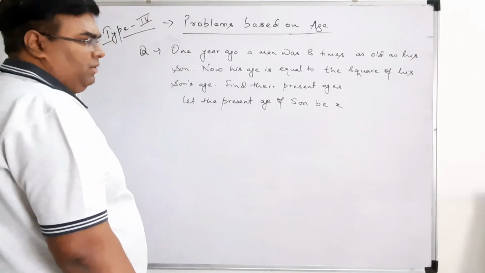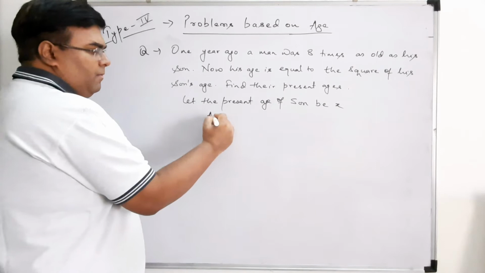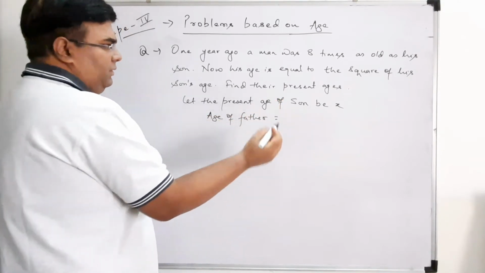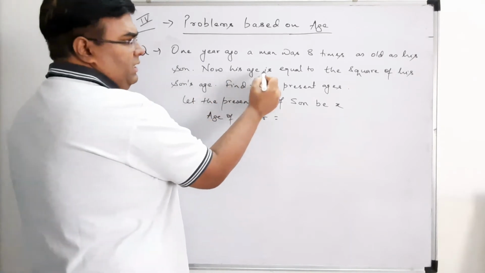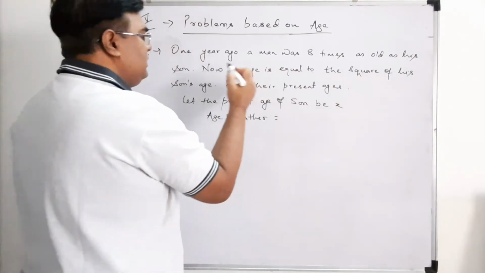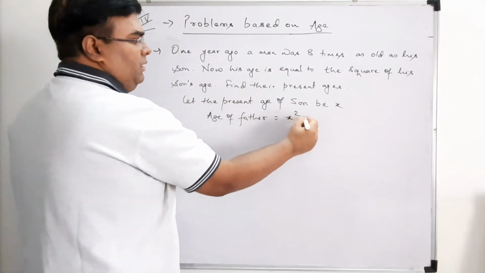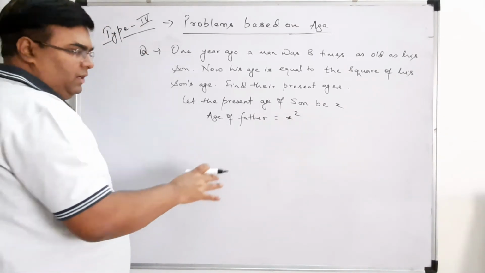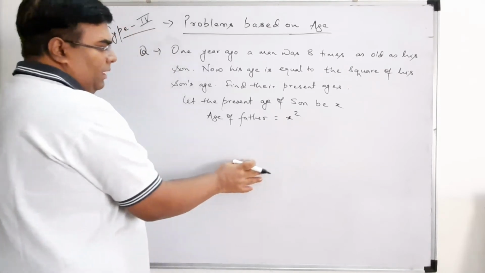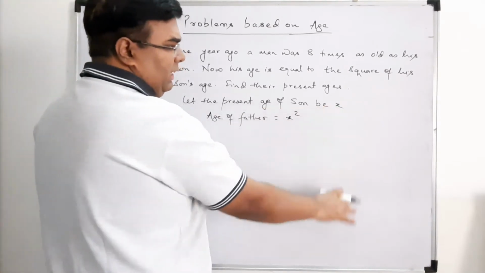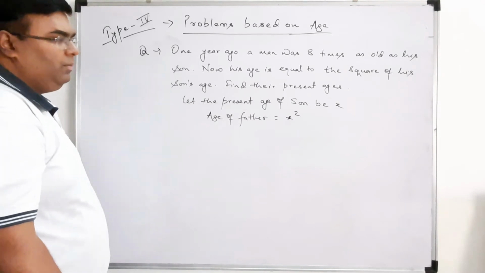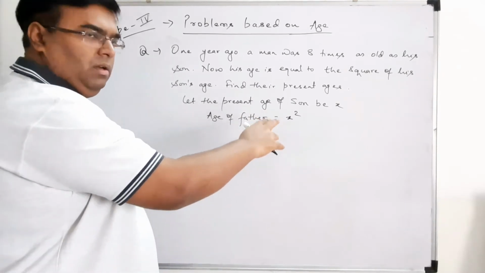So what will be the age of father? At present his age is equal to the square of his son's age, so it will be x square. So the current age of father is x square and the son is x. Now 1 year before, what will be the age of the son 1 year ago?